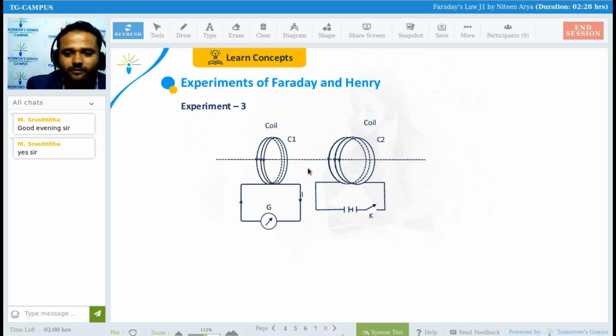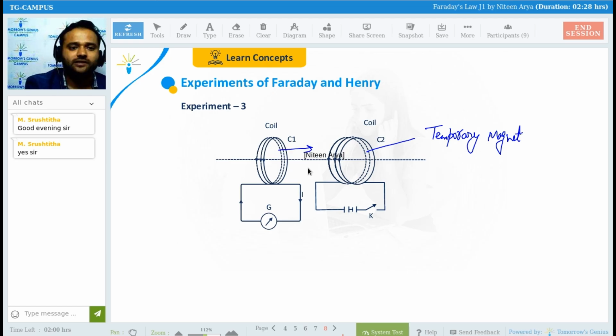So here, experiment 3. What is the meaning of this experiment 3? Now, coil 1, coil 2. In this particular setup, this is your temporary magnet again. Now we start moving this coil towards this.